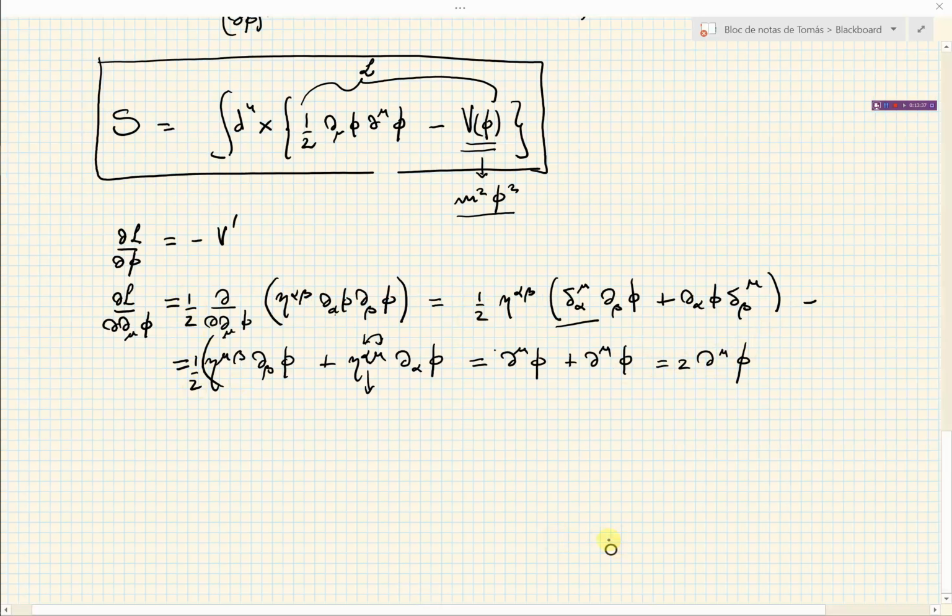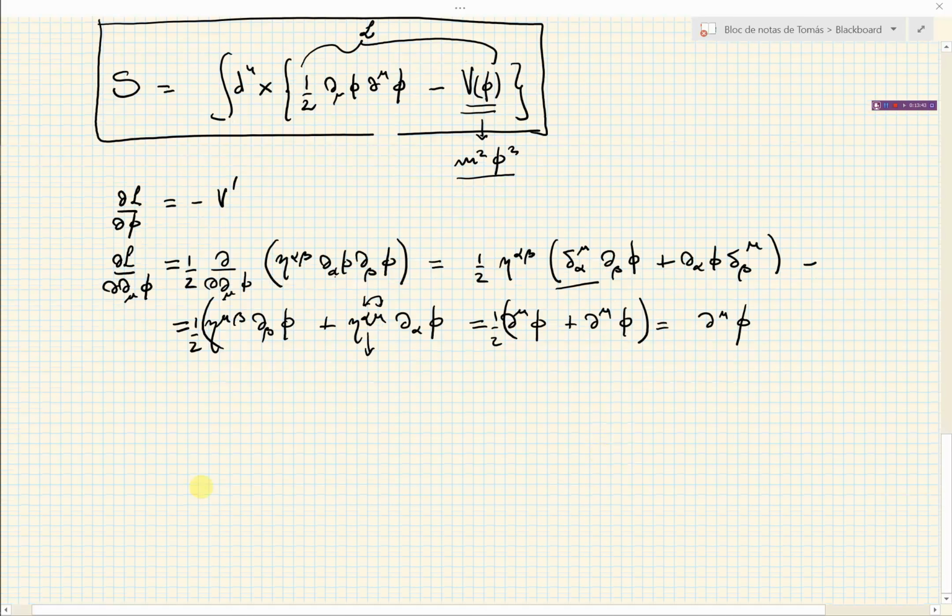Okay, this 1/2, and then it's just partial mu phi. Then the equations are minus partial mu, partial L, partial mu phi, and this is just minus v prime minus partial mu phi.